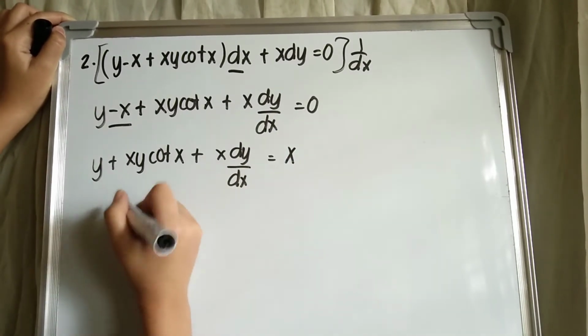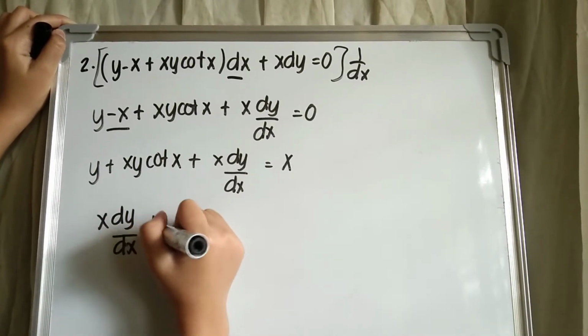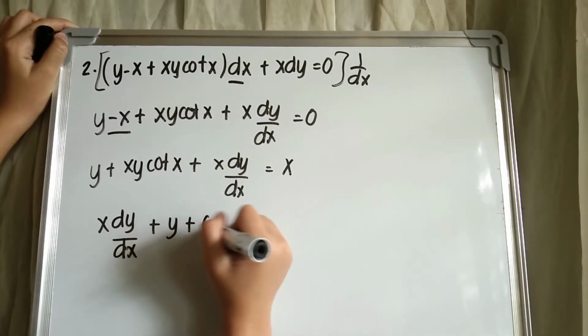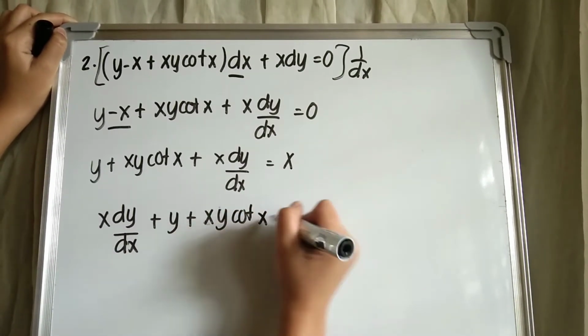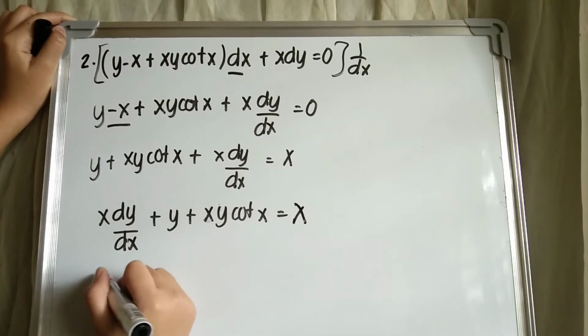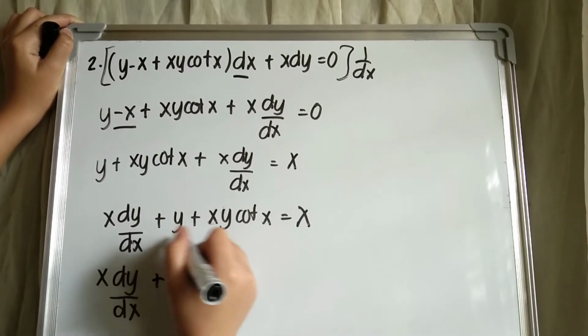And then we can rewrite this into x dy over dx plus y plus xy cot x is equal to x. And then simplify by factoring y.